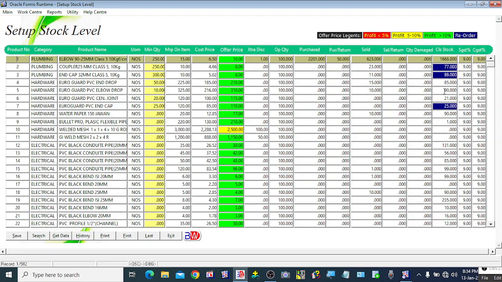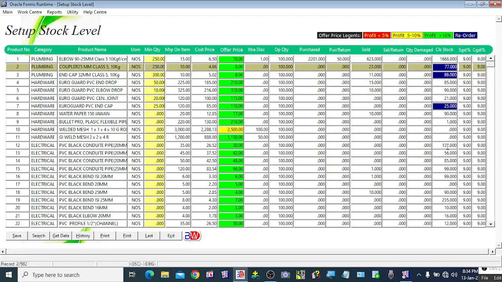Here in the right side, you can see in the closing stock field, some of the products are highlighted in blue color. It means whatever items are highlighted in blue color, those products have reached equal or below to the minimum stock level we have set up.